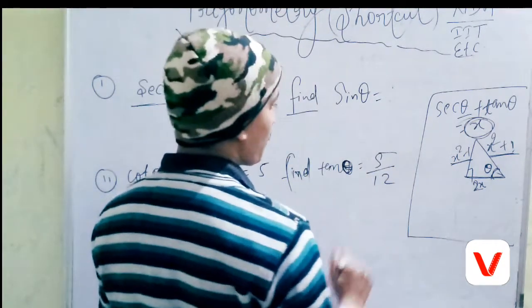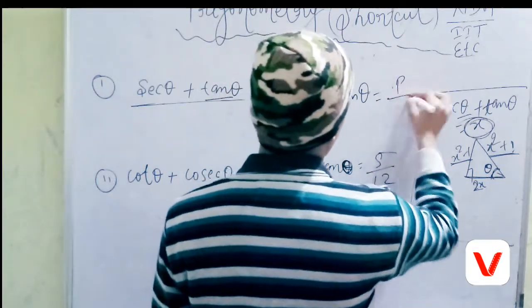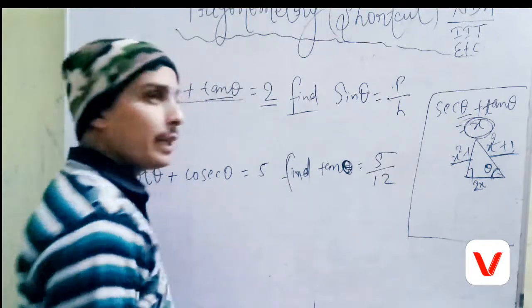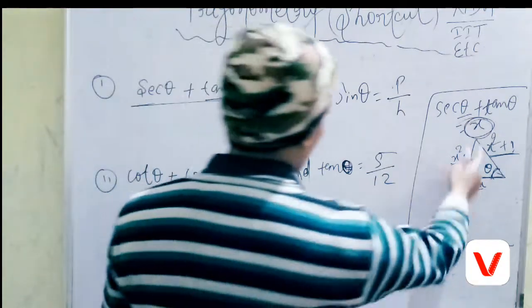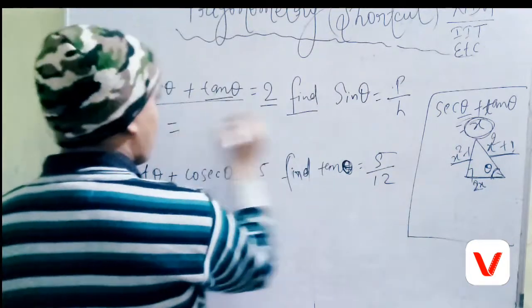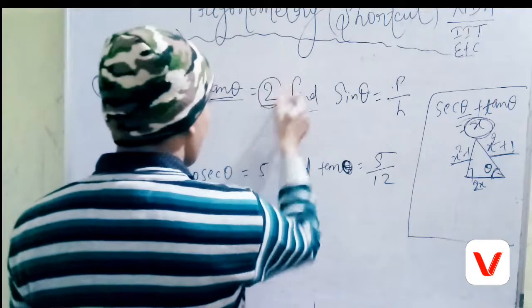Sin theta equal to perpendicular by hypotenuse. So what is the perpendicular? X square minus 1, and what is x here? 2.